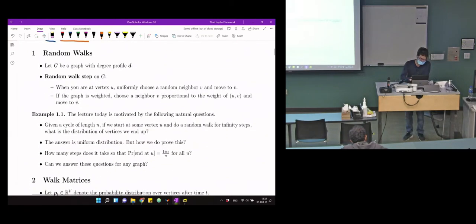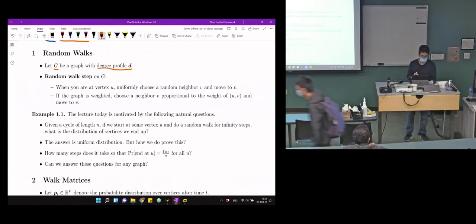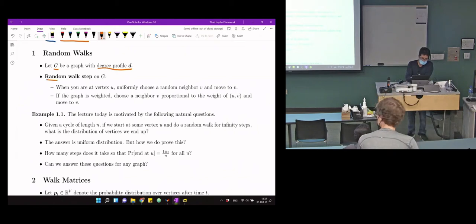A random walk is a very natural process. Suppose you are given a graph G, and let's say for today's class, the degree of the graph is D. To do a random walk step on the graph G is a very simple process.